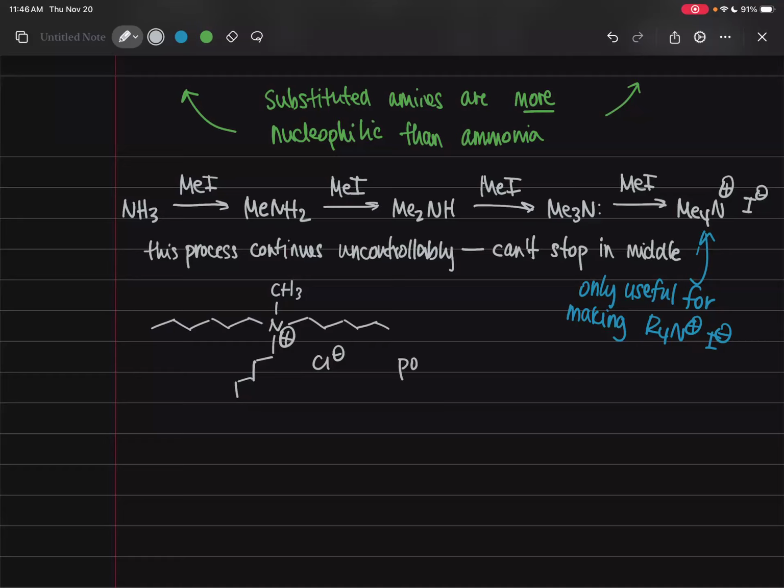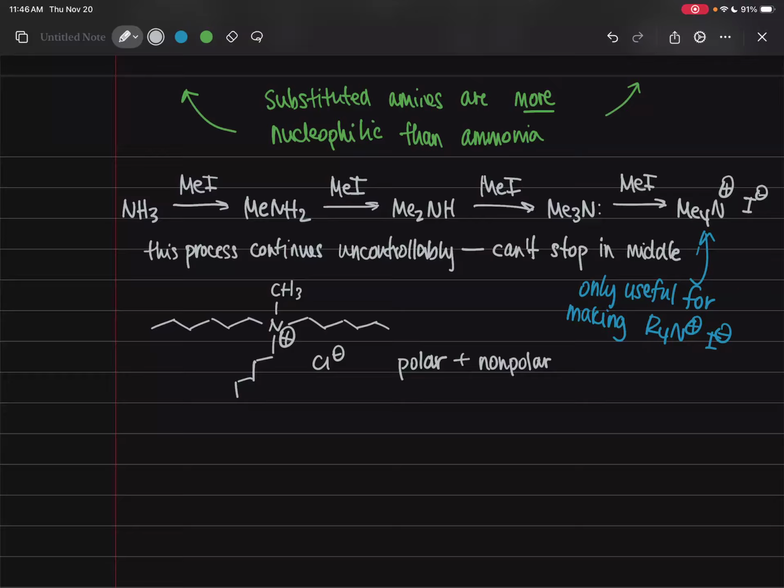which is polar like water because it's made of ions. And it's also nonpolar because it's got those hydrocarbon chains on the nitrogen.